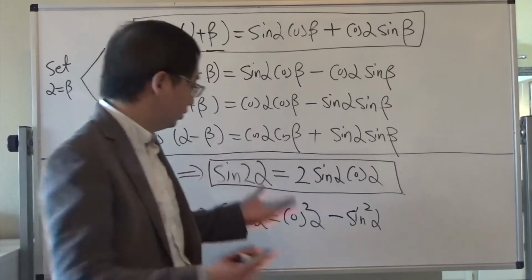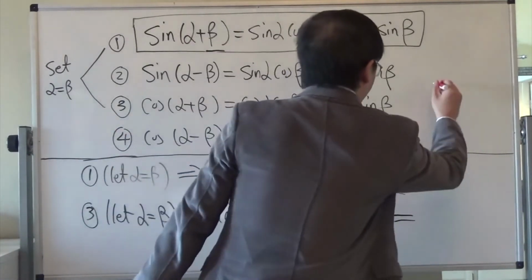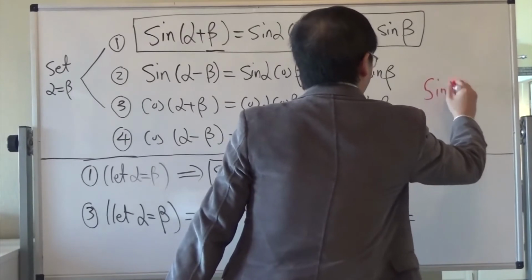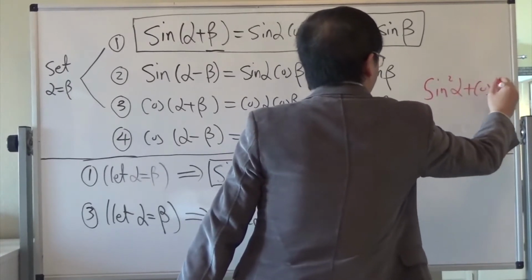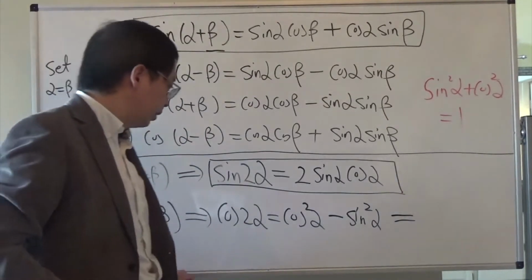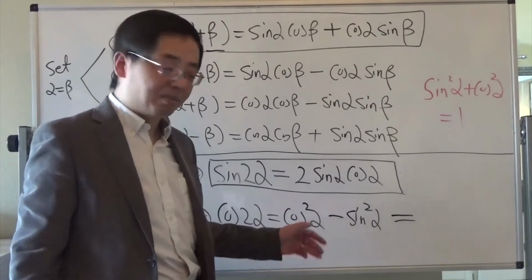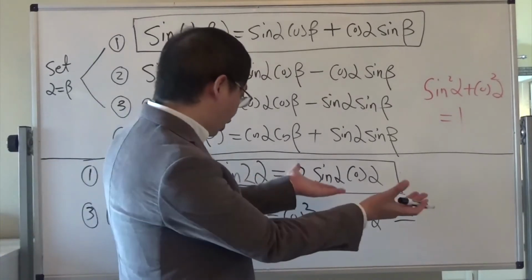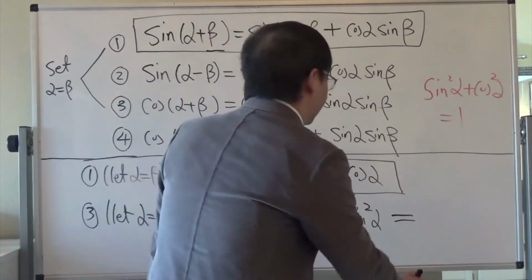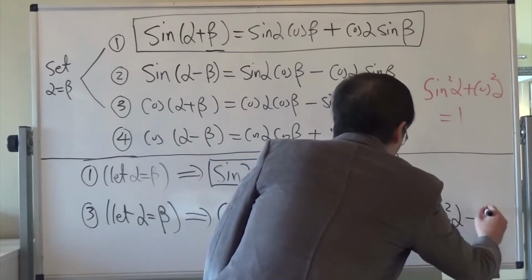If we use the identity sine alpha squared plus cosine alpha squared equals 1, we can replace either sine alpha by cosine alpha or cosine alpha by sine alpha. If we go with cosine alpha, what we get is 2 cosine alpha squared minus 1.